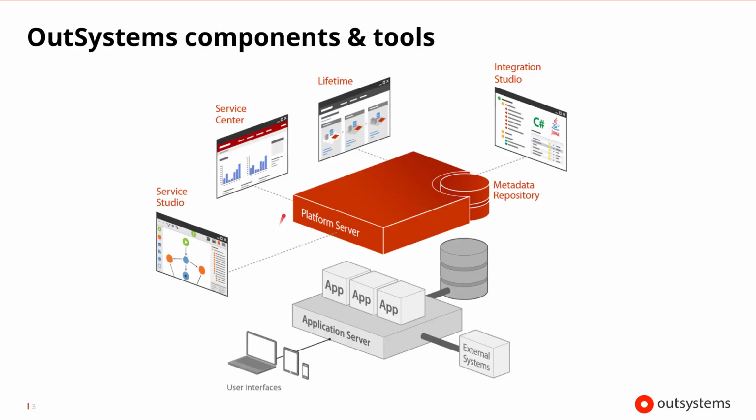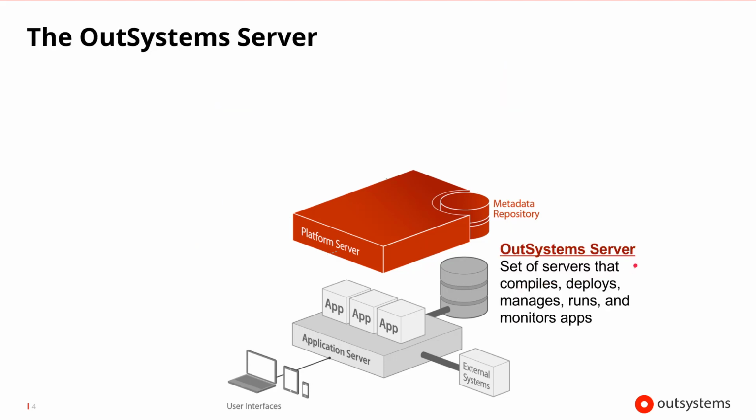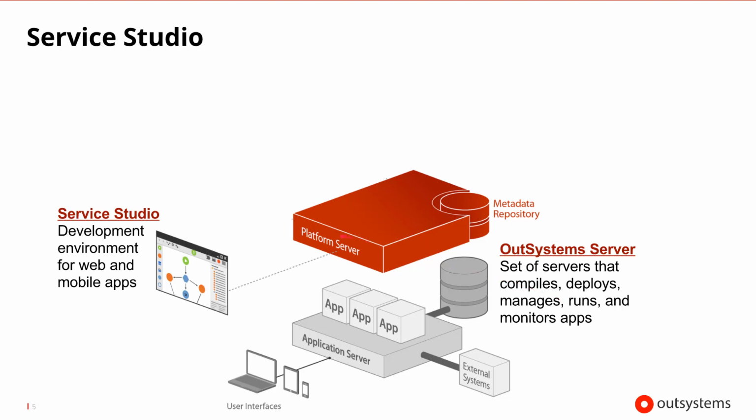There are a number of OutSystems components and tools that are provided with OutSystems. The first of which, and most important of which, is the OutSystems server. This is the set of servers that compiles, deploys, manages, runs, and monitors the applications. The OutSystems server can be connected to from Service Studio, which is the development environment for web and mobile applications.